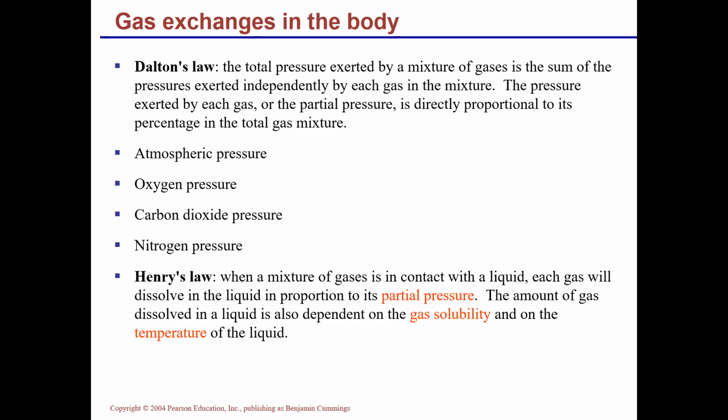If we add all these partial pressures together, that should equal 760. And then in the air, the most abundant gases are nitrogen, oxygen, and carbon dioxide. Nitrogen is the first one, and then oxygen, and then carbon dioxide.